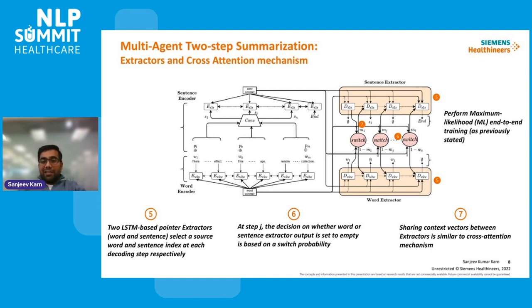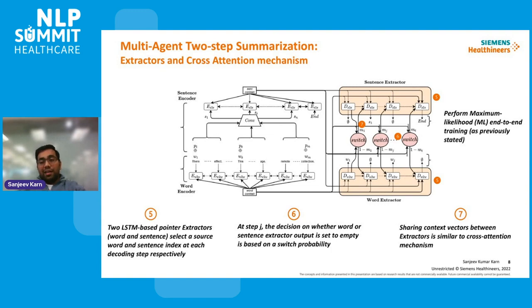When it finishes extracting all the keywords in a sentence, the switch network then indicates to the sentence extractor that all the keywords are extracted, and the sentence extractor needs to decide whether to select that sentence or not.